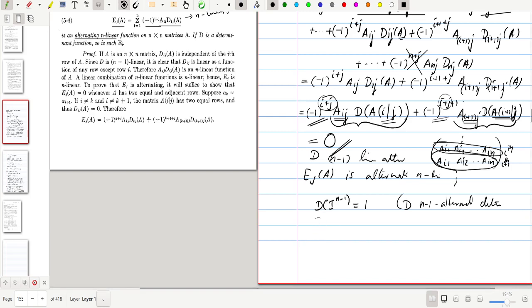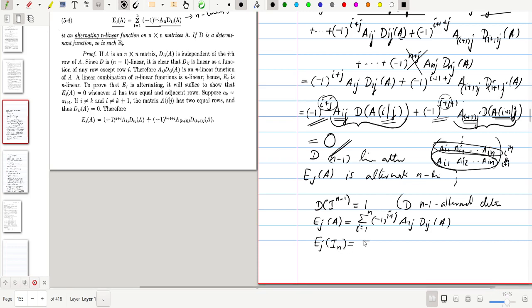That is because Ej of A, by definition, is the summation i equals 1 to n of (-1) to the power i+j Aij Dij of A. Then in order to prove this Ej is a determinant function, we need to prove that Ej of In is 1. What is Ej of In?